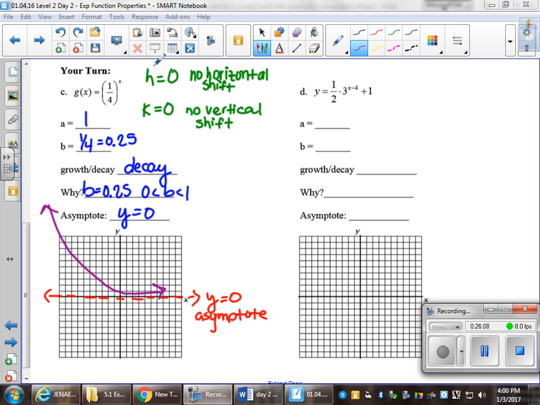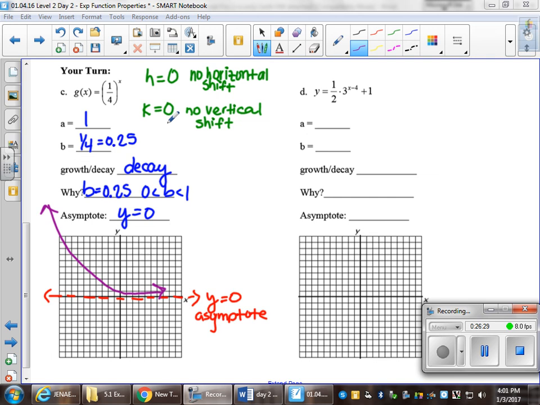Then I say, well, what's H and what's K? And I was like, well, this is just X, so I don't see plus or minus a number. So H is 0, meaning no horizontal shift. In theory, you could say X minus 0. And then also right here, I don't see any plus or minus a number at all. So there's a plus 0 there as well.